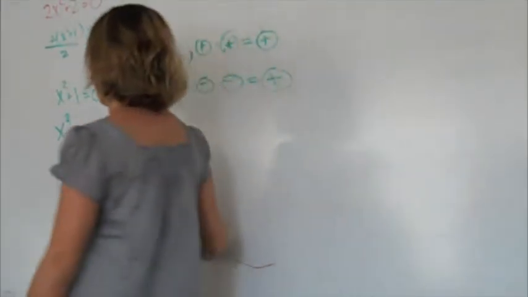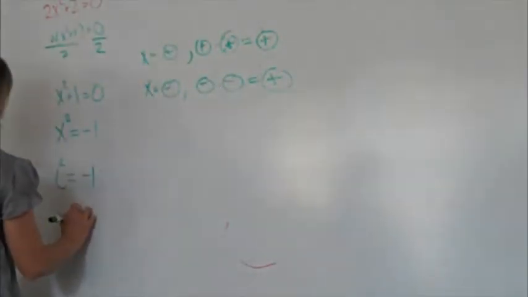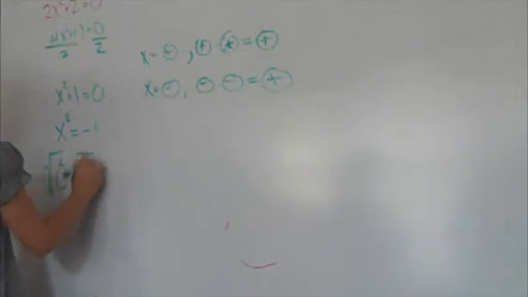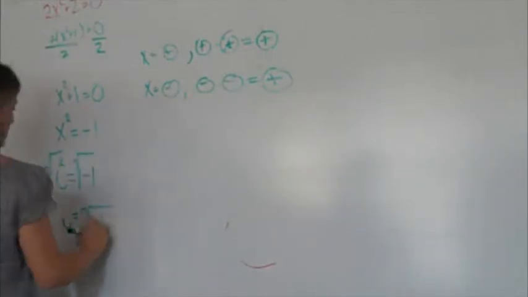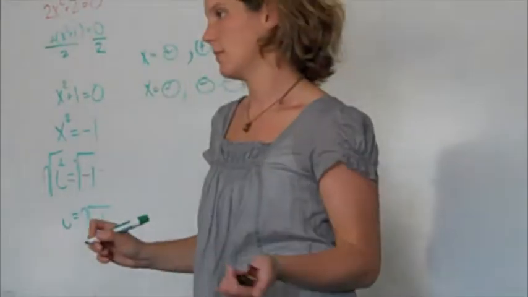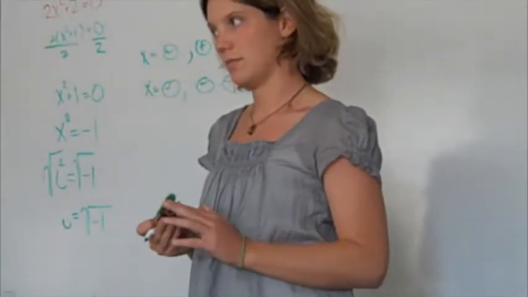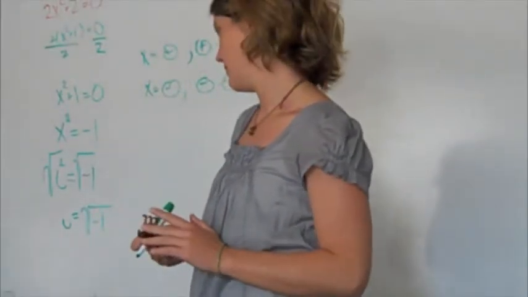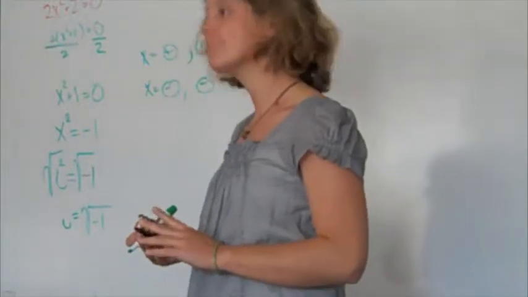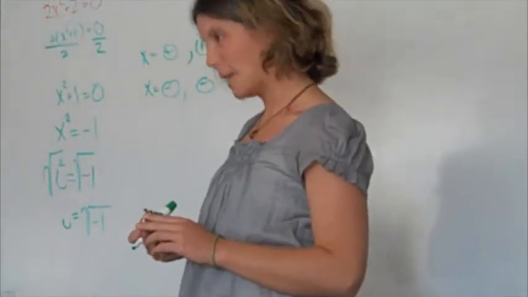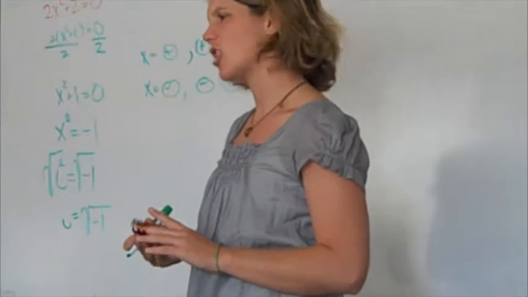Okay? So i, then, is going to be equal to the square root of -1. So if you ever get a square root of -1, it turns into i. Yep, very good. Nice job.